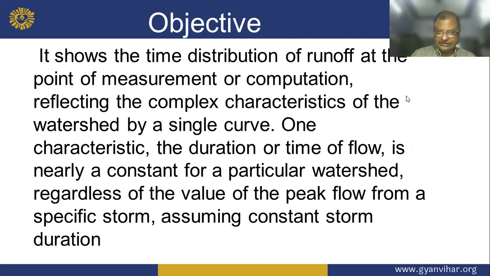The duration of the time of flow is nearly a constant for a particular watershed, regardless of the value of the peak flow from the specific storm, assuming constant storm duration.